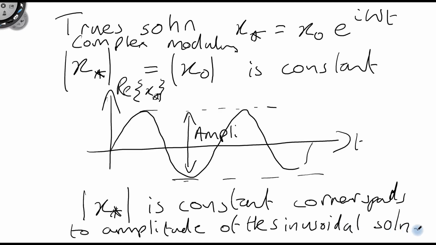When we say the true solution has a constant complex modulus, it means that the equivalent sinusoid that I showed in the last video has constant amplitude.